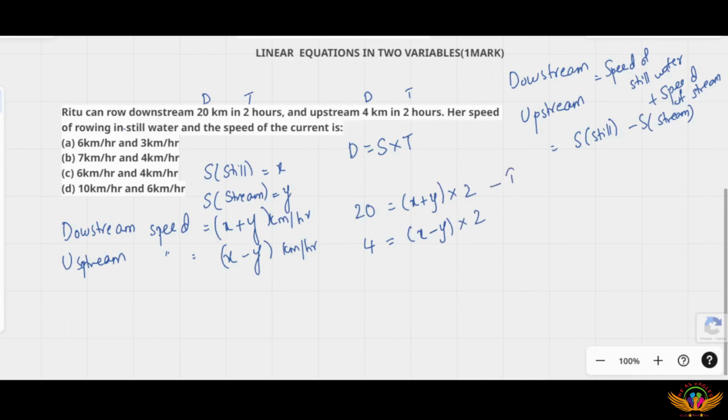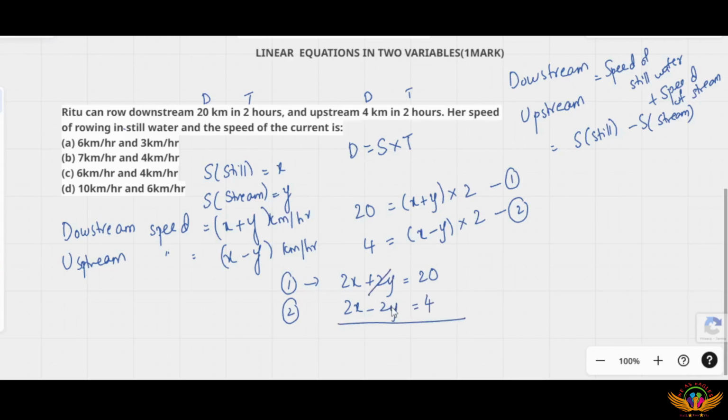So this is the first equation and this is the second equation. Let us solve this. Let me solve the first equation first: 2x plus 2y is equal to 20, and the second equation will be 2x minus 2y is equal to 4.